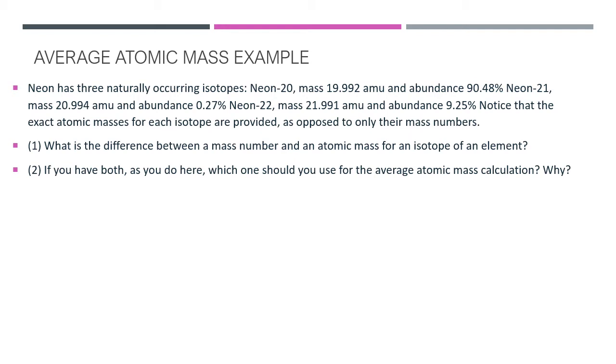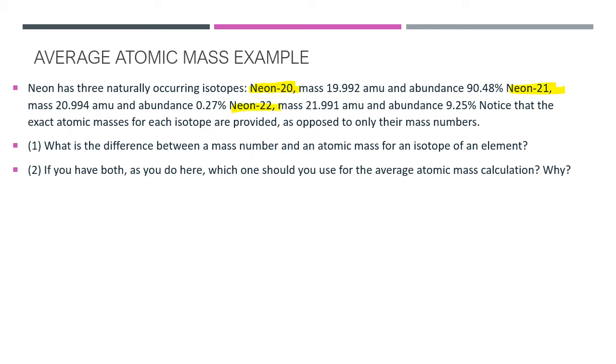Notice the exact atomic masses for each isotope are provided, as opposed to only their mass number. So what's the difference between a mass number and an atomic mass for an isotope of an element? Mass number is the Neon 20, 22, 21.